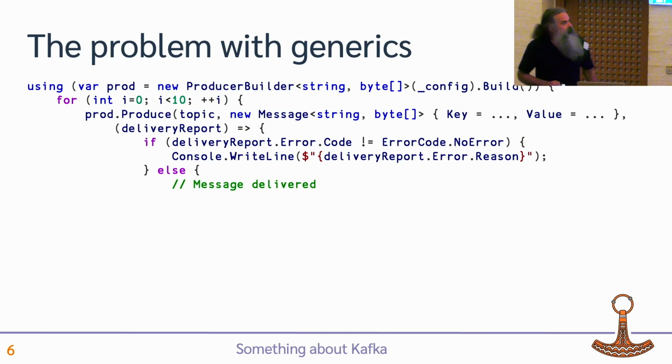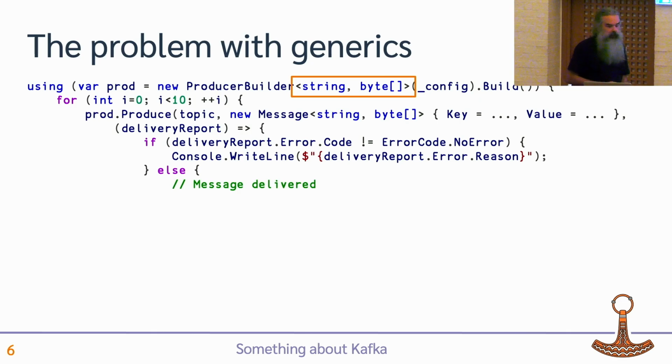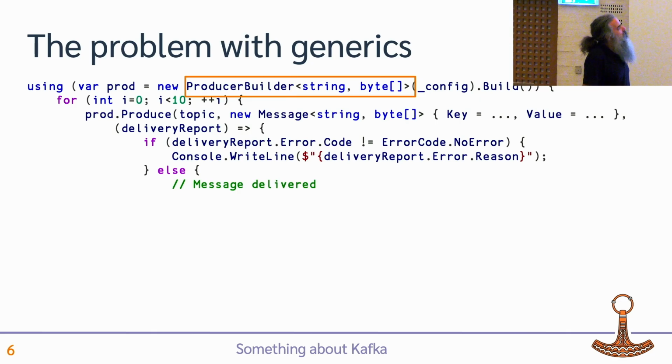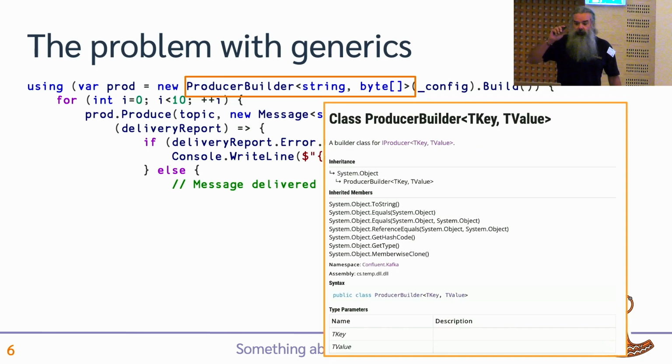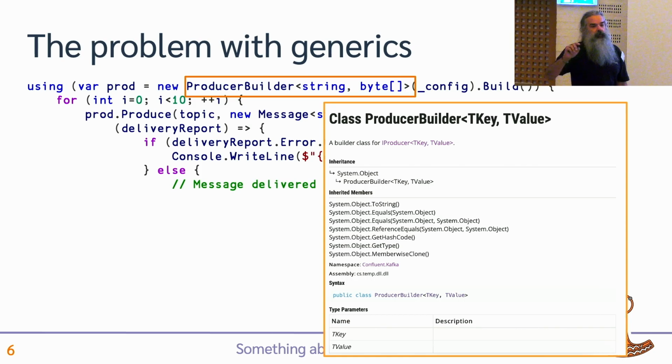So I stole a slide from Stefan's presentation. He talked about this producer builder, and he highlighted this stuff between these angle brackets. This is syntax that we see a lot in C#, and it's important that I stress during this presentation, because we're talking about a .NET bridge, and a lot of the documentation about things in .NET assumes that you're using C#.